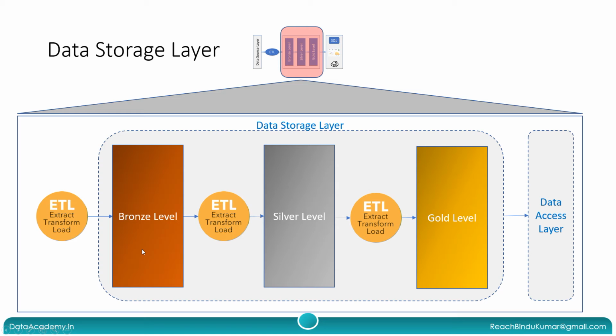So they say that bronze is like your staging data, you have unprocessed data. In the silver level, you have data that is processed and modeled. And in gold level, you have the same data as in silver, but you also have aggregate data. So you can see there is not much difference. It is just a difference in terms of how you want to refer to it.